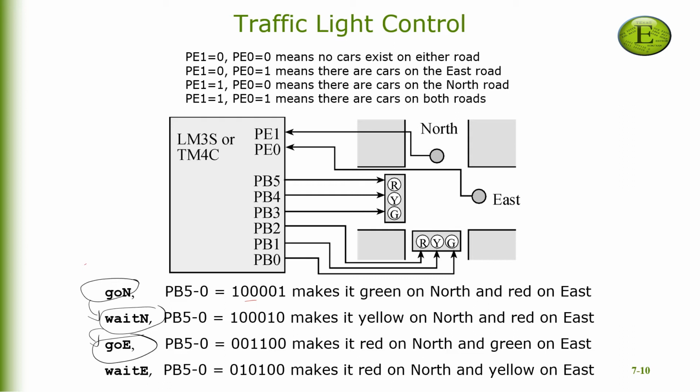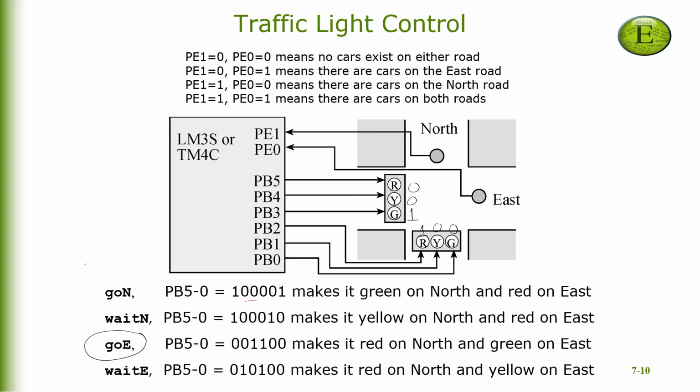But there is another state when we go from the go east state to the go north state. And that cannot be done instantaneously. Therefore, to understand this transition, if we are in the go east state, that means the green light is 1 for the east traffic, yellow is 0, red is 0. And the red is 1, yellow is 0, and green is 0 for the north traffic.